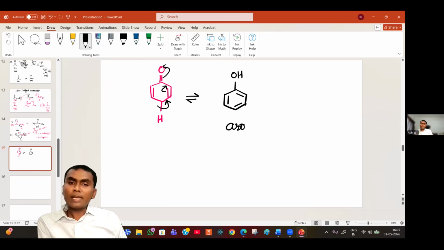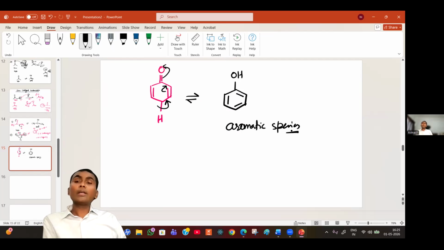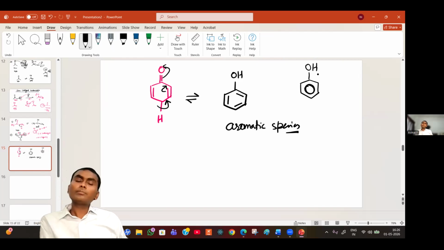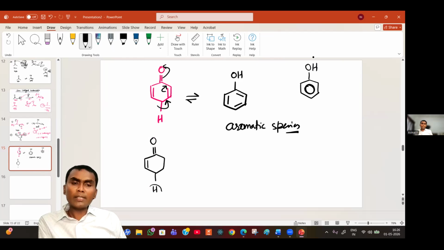It is an aromatic species, which is like God Krishna. Krishna having Sudarshan Chakra and it also having Sudarshan Chakra. This one is like this one, Sudarshan Chakra. So it becomes very stable. Like this one, this hydrogen will take part in tautomerization.